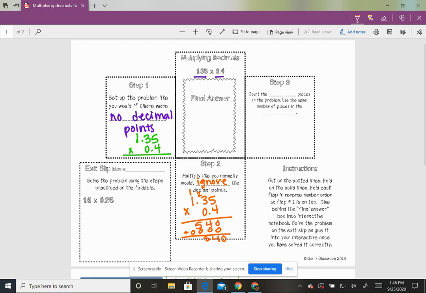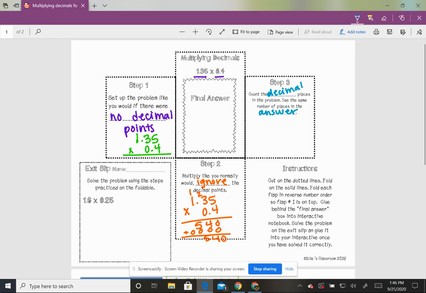I went off the page a little. Try to organize your work so that it all fits within the dotted lines. When we cut this out, it's going to prove to be an issue if not. When you have that all caught up, let's go up to step 3. Count the decimal places in the problem. You're going to use the same number of places in the answer.